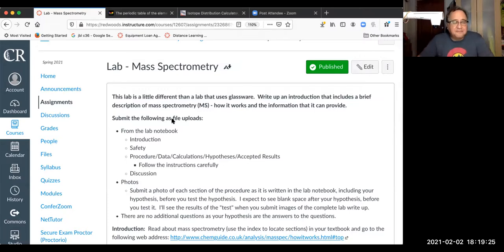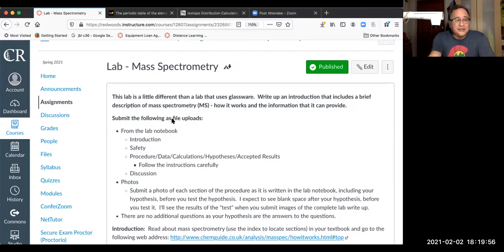Once you're done that, write down introduction and leave yourself half a page to fill that in. Because I'm not going to give you enough time to actually fill out your introduction while we're talking. But I do want you to write stuff in your lab notebook as this lab is described.